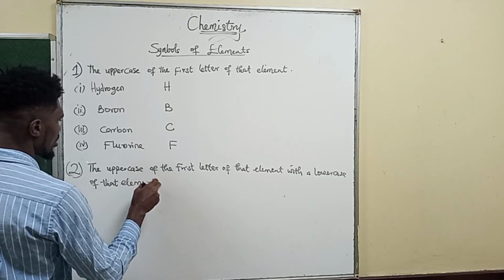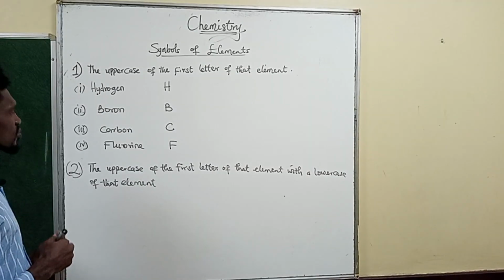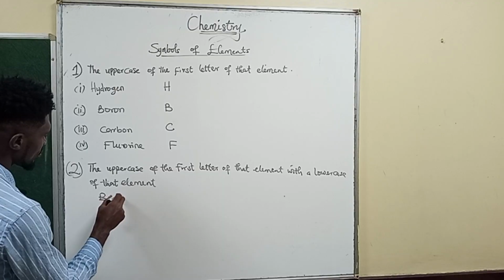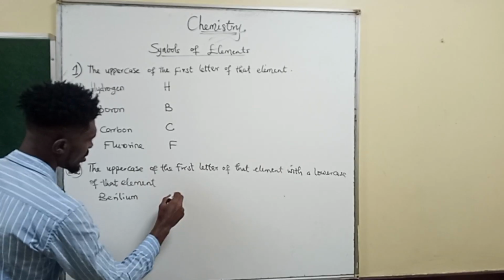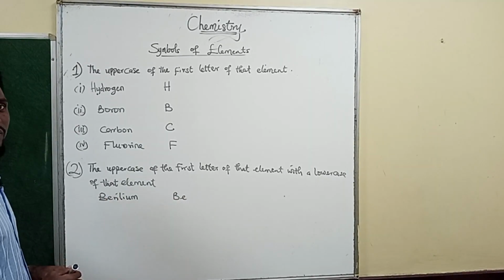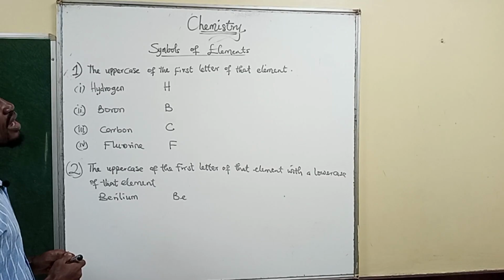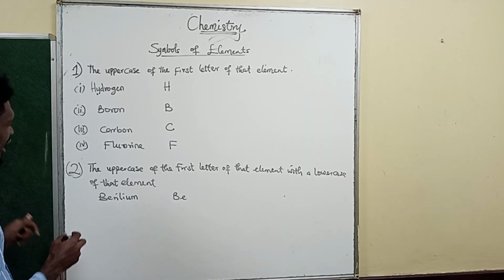Now what it simply means is that we can have, okay, let me give you an example. We have beryllium. Beryllium is written as Be. That is capital letter B and small letter E. Hope you understand it now. So the next one we can say magnesium.